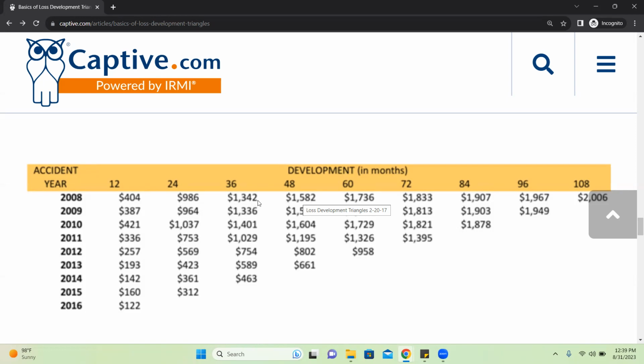So to give you a real life example, think about workers' compensation claims. Workers' compensation claims are long tail, pretty long tail. That means the life cycle to settle a workers' comp claim can take a long time. For example, let's say an employee gets hurt at a work site and the cost of the injury at first was $500.